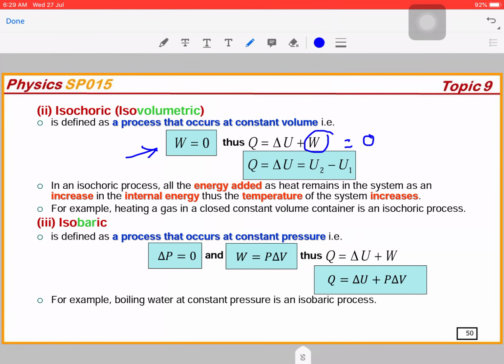So what happens is, it will increase temperature because the volume cannot change. If the volume changes, it can maintain the temperature. But in this case, our volume does not change. So that's why.